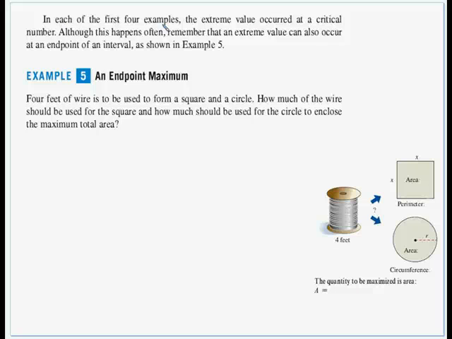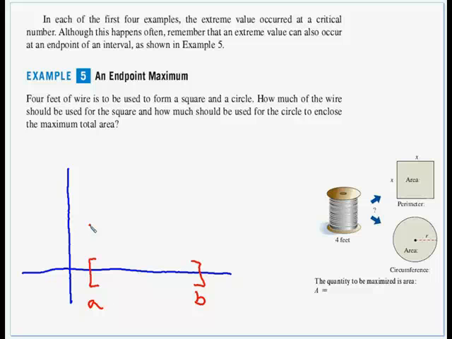Okay, in each of the first 4 examples, the extreme value occurred at a critical number. Although this happens often, remember, an extreme value can also occur at an endpoint, and we're going to see that in this example. If we think back earlier, when we were doing just our mins and maxes, we had our xy axis and some interval from a to b. The function would start here and then maybe go up and down and then back up.